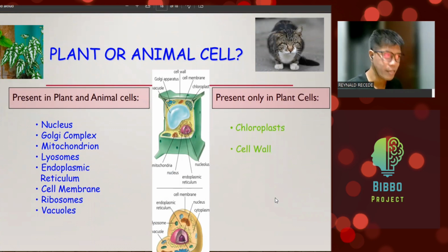So kung nakikita natin, present in plant and animal cells are nucleus, Golgi complex, mitochondrion, lysosomes, endoplasmic reticulum, cell membrane, ribosomes, and vacuoles. Present yung mga yon kasi they are eukaryotic cells. Now, present only in plant cells are the chloroplast and cell wall. Wala yan sa animal cell. Yun ay dapat paliwanag sa inyo, mga bata.